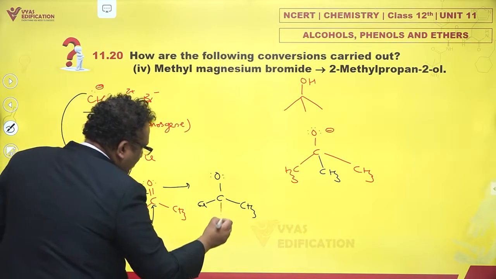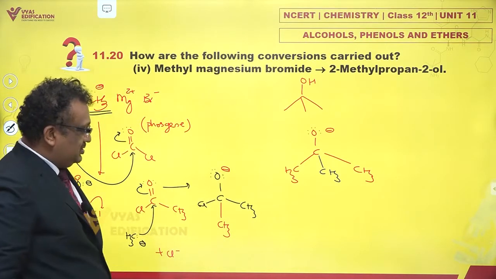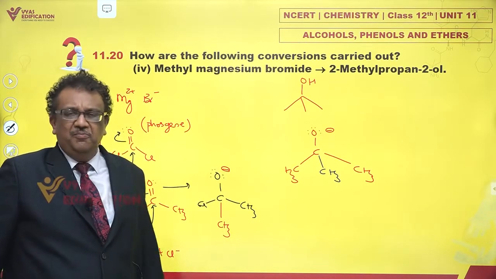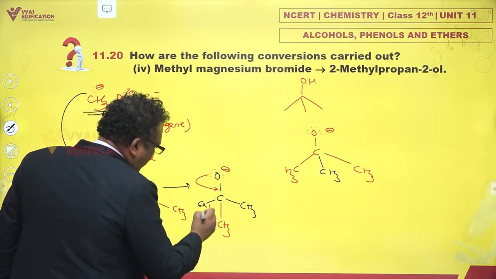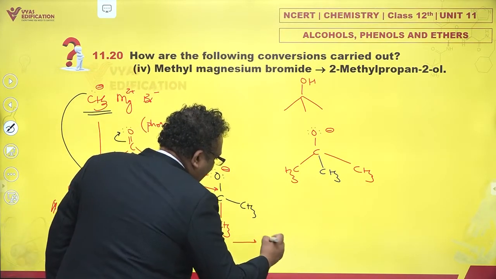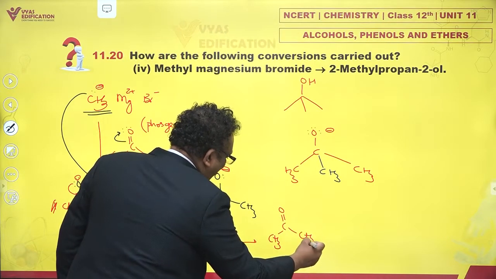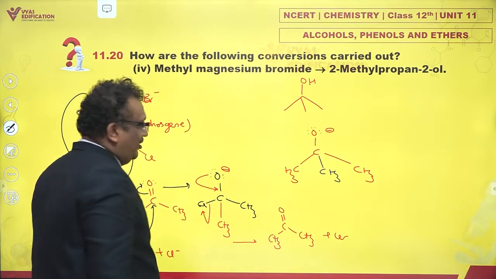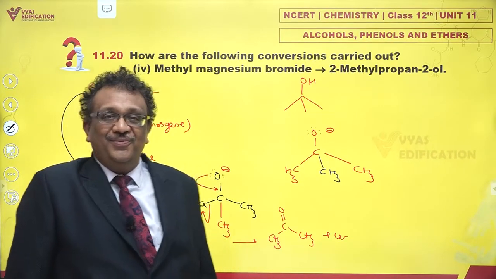And this new CH3 again gets attached and it pushes up a lone pair like this. Carbon is again very mad. Come on, have some shame, have some sense. Get back and get out. Fine. What do I get? I get CH3 CO CH3. Oh my God, you have done it. You have managed to generate acetone.